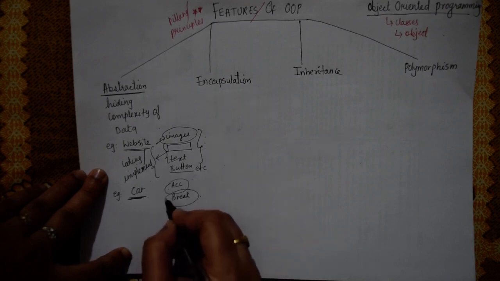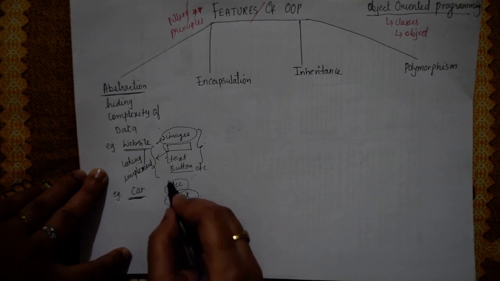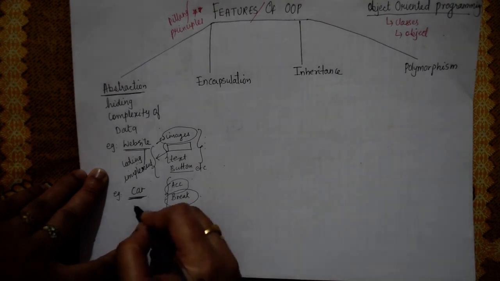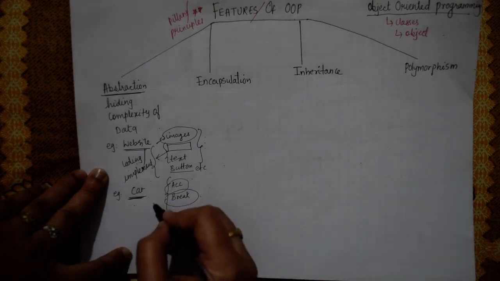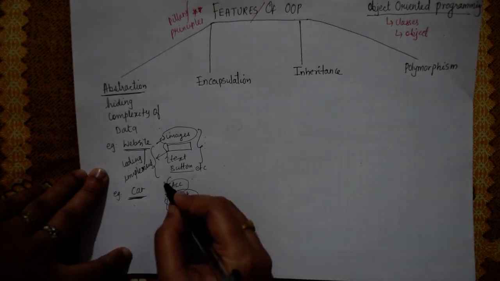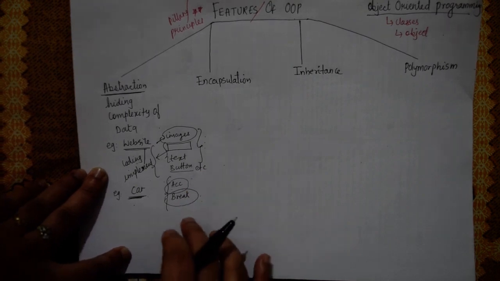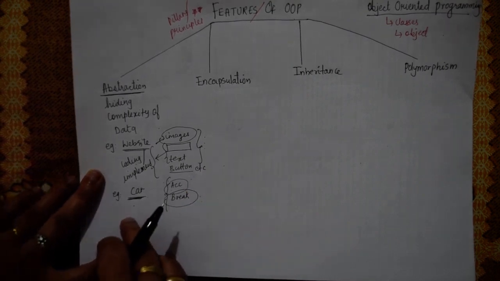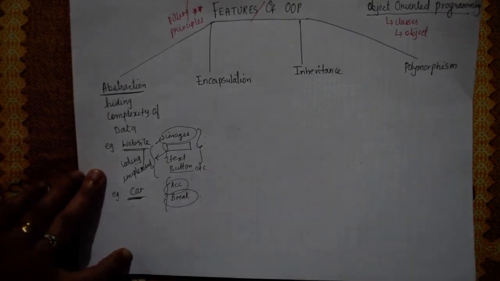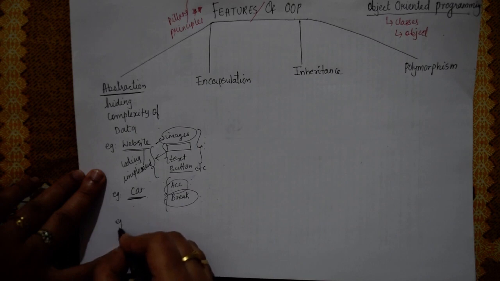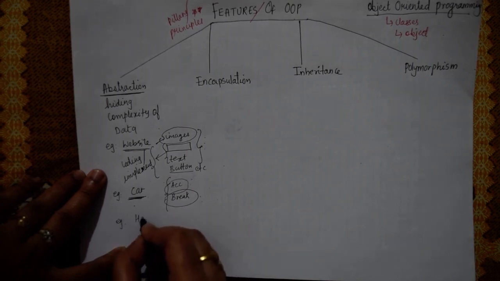So the internal functionality of accelerator and brake is hidden from the driver. So what we are doing, we are abstracting, or hiding the internal functionality or the implementation part or the background details from the driver and showing the basic functionalities. Correct? This is abstraction.